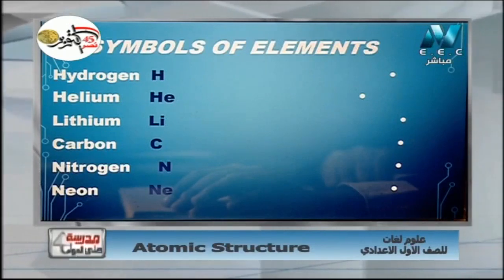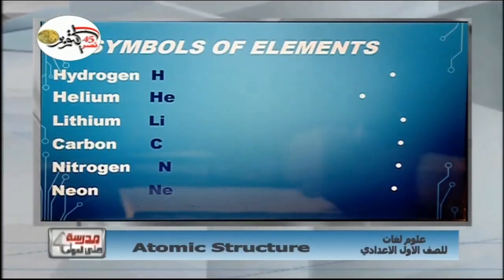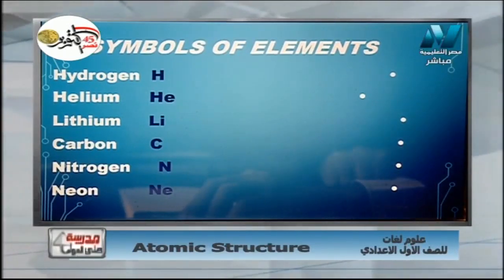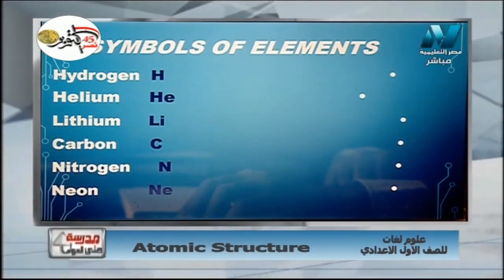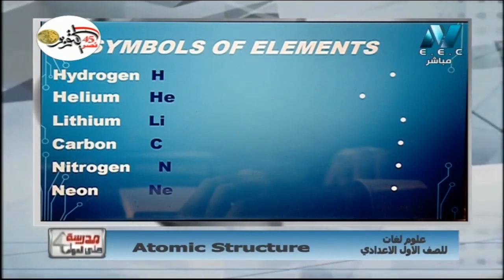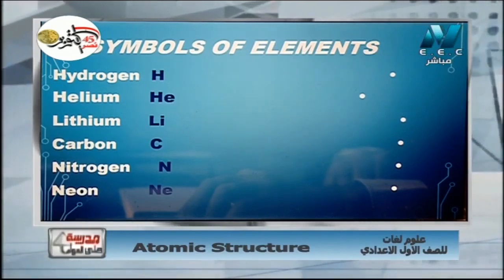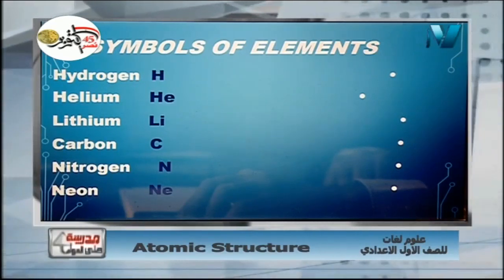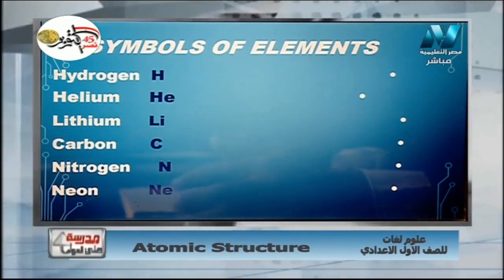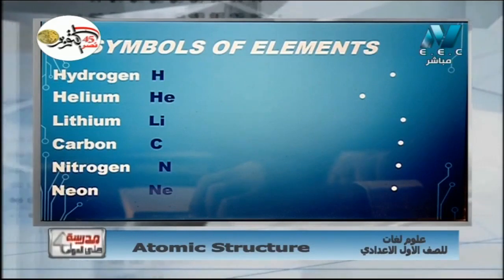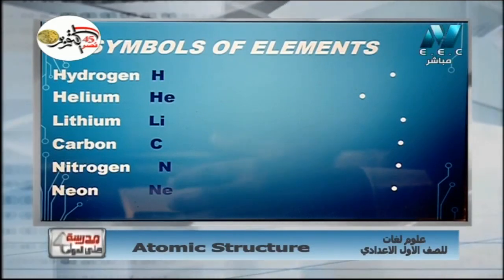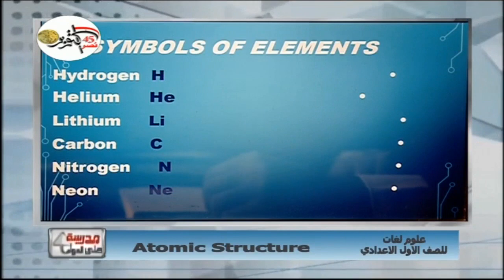Number 1, hydrogen, H. Number 2, helium. Helium is symbolized by He. H is capital, e is small, because if the symbol of any element is composed of two letters, the first one must be a capital letter and the second must be a small letter.